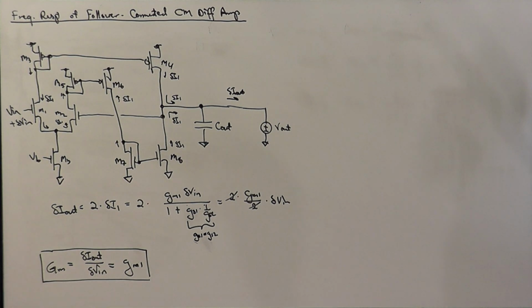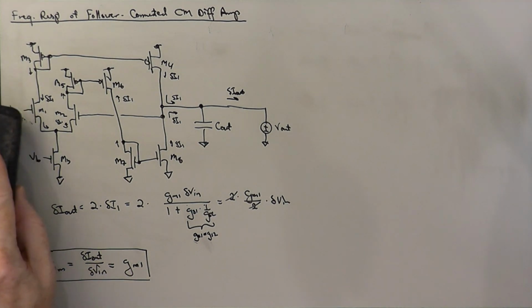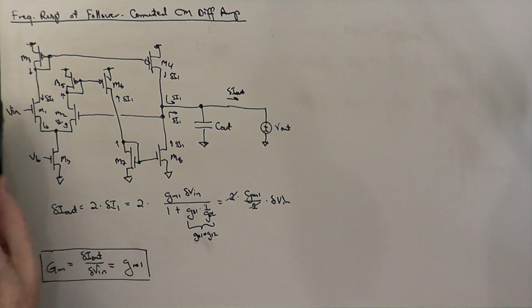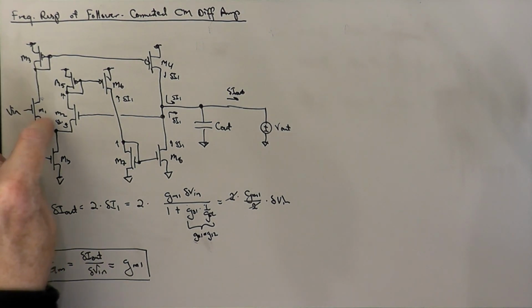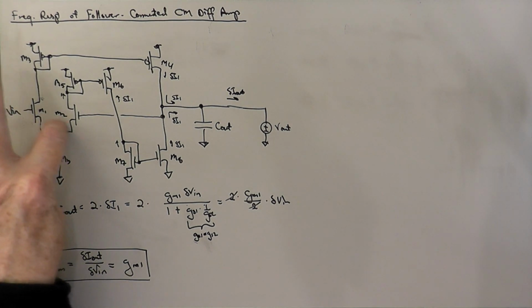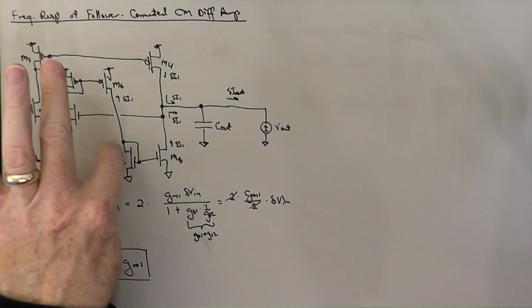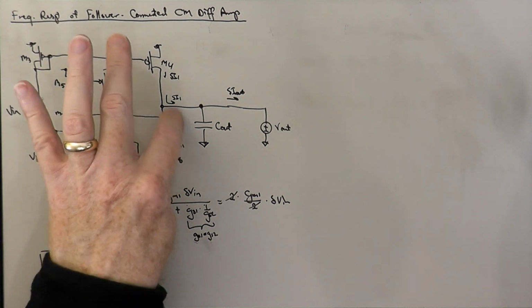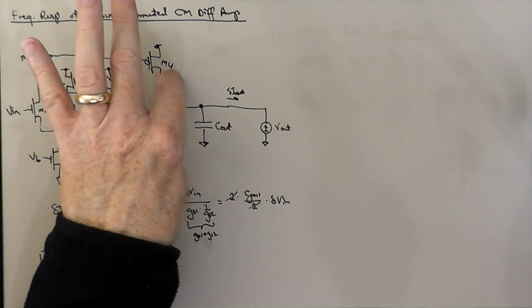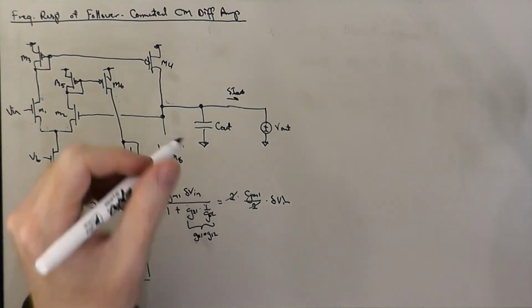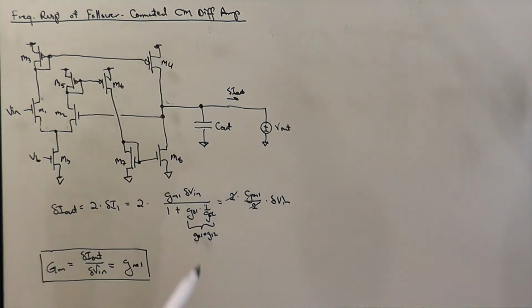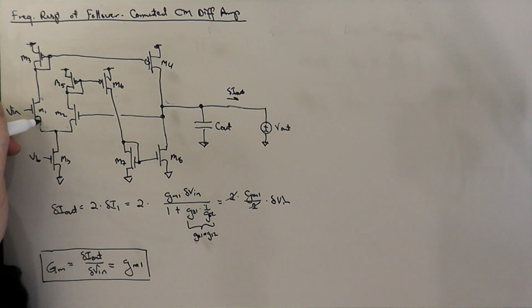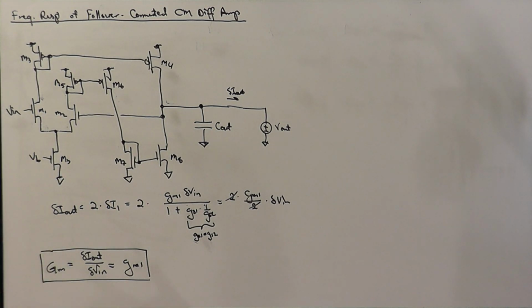Okay, so now we move on to the second part of the calculation. Once we remove these little pesky current arrows, we're interested here in looking back into the output of the circuit.